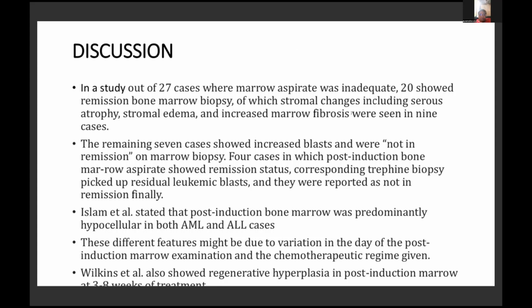And then we are trying to analyze whether clustering or scattering of CD34 positive cells can help in predicting an impending relapse much before a flow can catch it. So this was just a part of that bigger study which is going on in the department. And I've already explained why we need to know the post chemotherapy changes, because we have to tell the clinician whether treatment is working or not. Next slide.